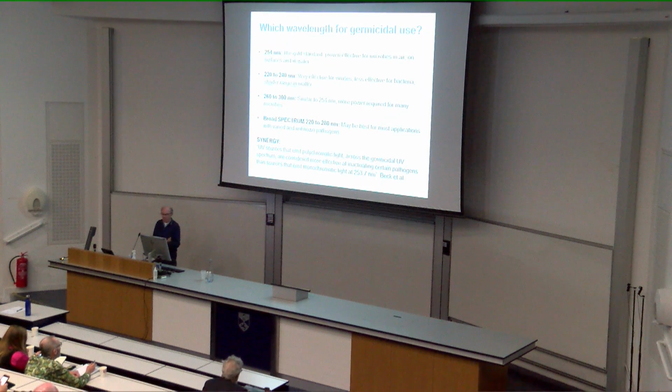but it's negative because it can't get through much stuff, including water. The range from 260 to 300, where most of UV LEDs have been, is similar to 254, but as you get to the longer wavelength, you're lower on the DNA absorption curve, so you need more power to get the same killing. The other possibility, which I'll talk about, is a broad spectrum lamp from 220 to 280, which may be best for most applications, especially when you don't know what the next pandemic will be and what wavelength would be most effective.